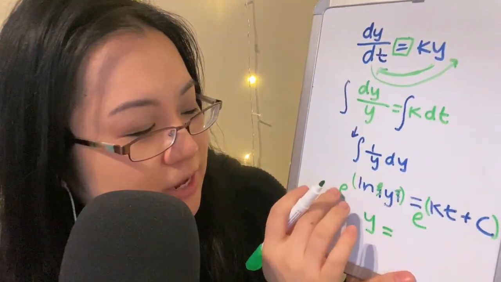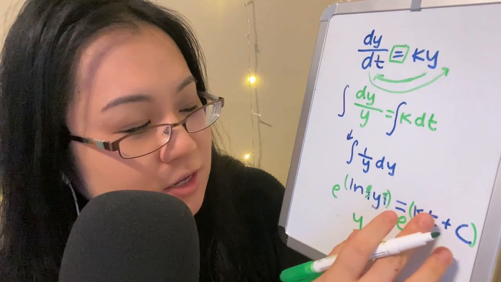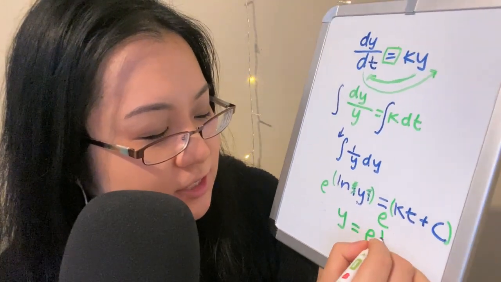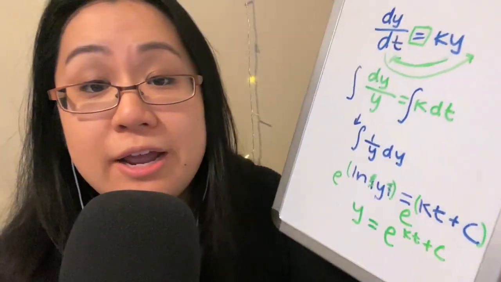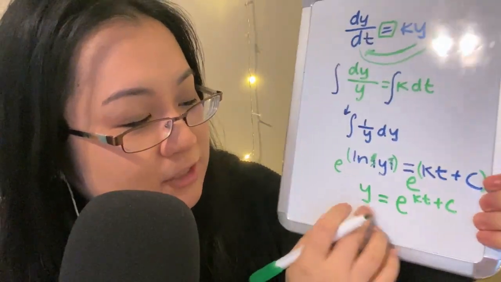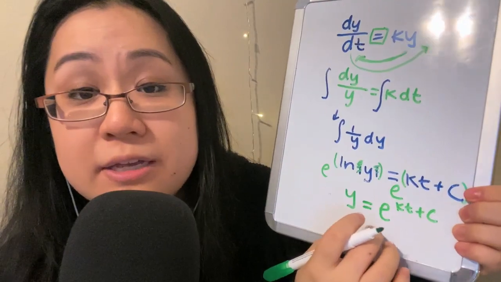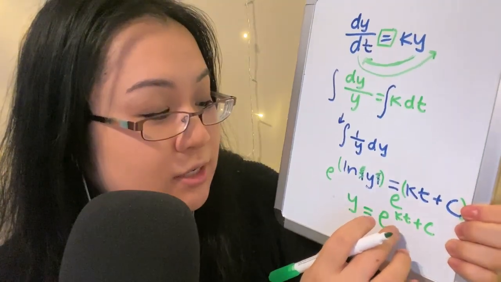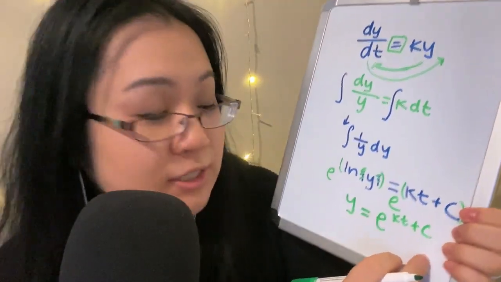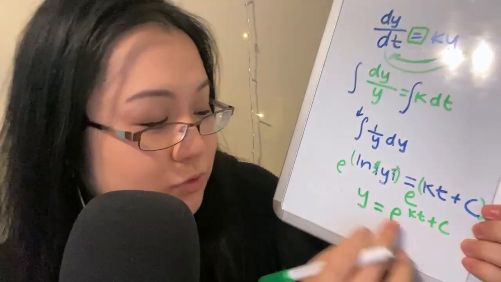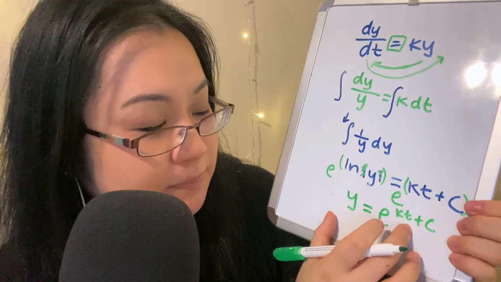So we have y equals e to the kt plus my constant c. Now you can see that we have y as a function of t. e is our universal constant, k is our constant of proportionality, c is our general constant, and t is our variable. So this is y as a function of t.